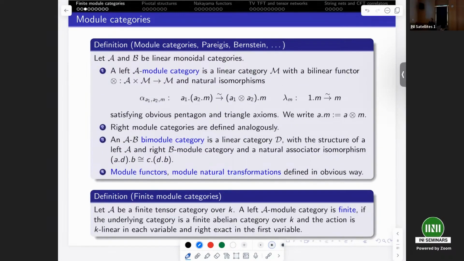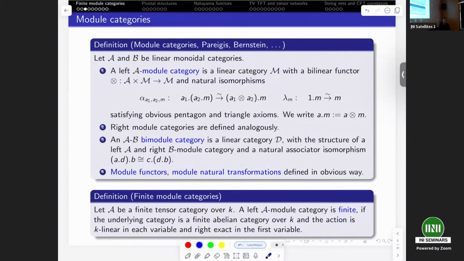Now let's go to a structure we have seen in past talks on Monday, module categories. So a left module category over a monoidal category is a linear category. We will require it immediately to be a finite category. It behaves to a monoidal category in the same way as a module behaves to a ring.